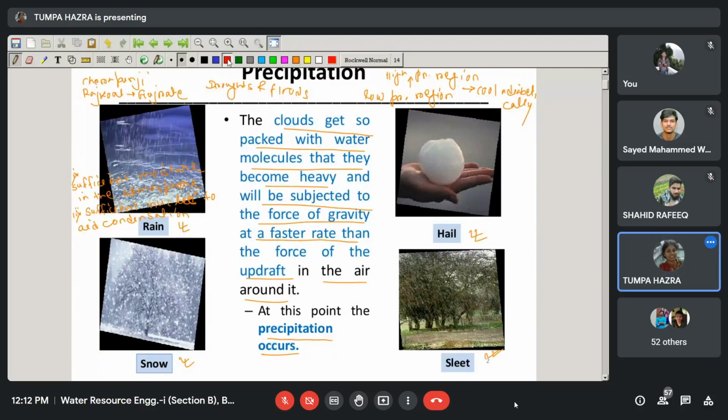Number three, weather conditions must be favorable for water vapor to form clouds.